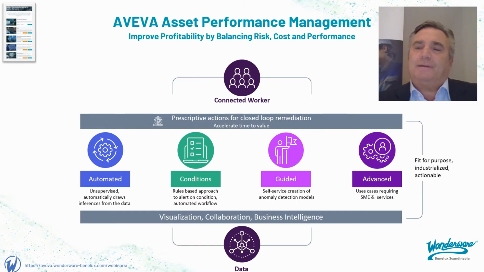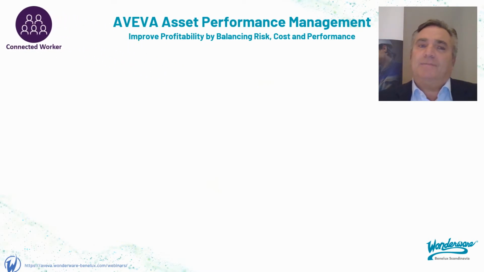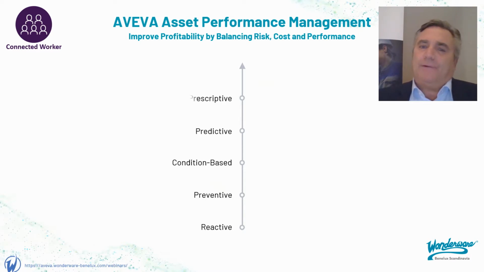Next slide, please. This is the maintenance ladder, if you want to call it that. Start with the reactive maintenance part of it, which is run to failure, which is the firefighting mode.